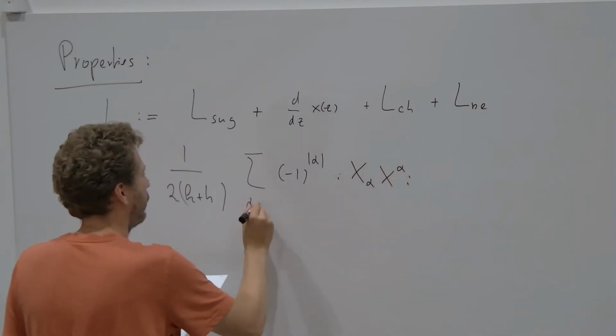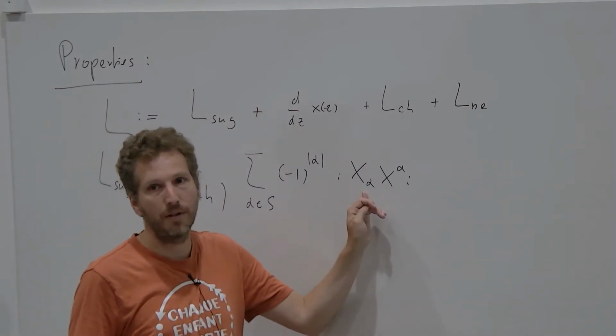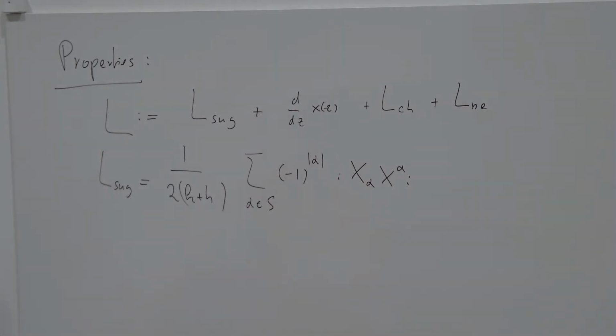So here we go over a basis. If I take a lower index, I mean the field corresponding to a dual basis vector. I will not introduce the notation for that now.